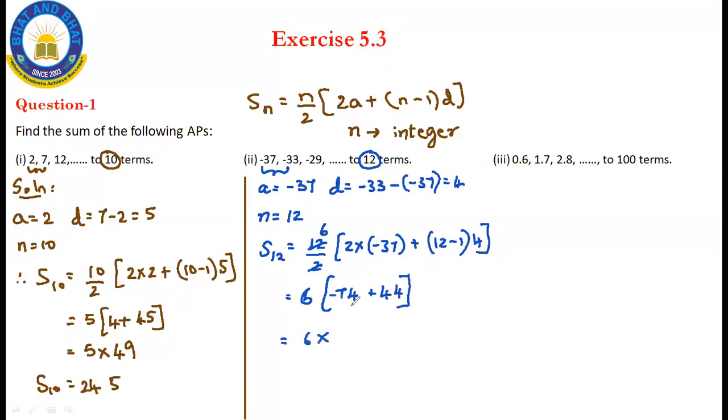So 6 into minus 74 plus 44 is 30. 6 3s are 180. So S12 is 180.